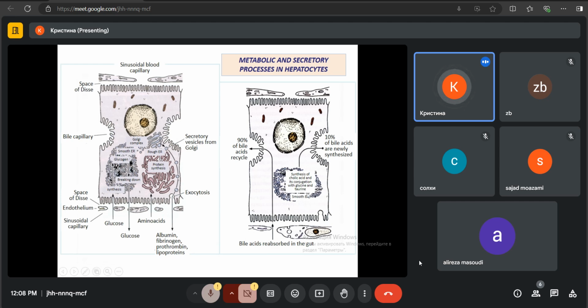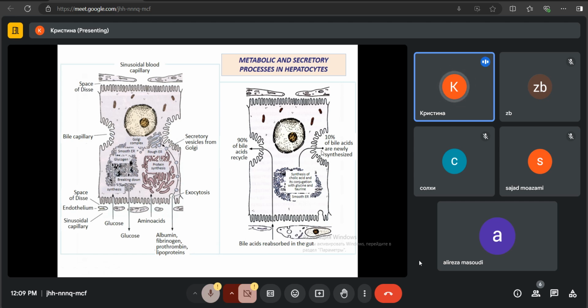So these bile acids are produced when the cholic acid is conjugated with glycine and taurine here, and these bile acids are released into the bile capillary, go to the duodenum, where bile goes through the ducts. Then in duodenum, bile helps digestion process, especially digestion of lipids, and some amount of these bile acids is absorbed by the enterocytes with brush border inside the small intestine.